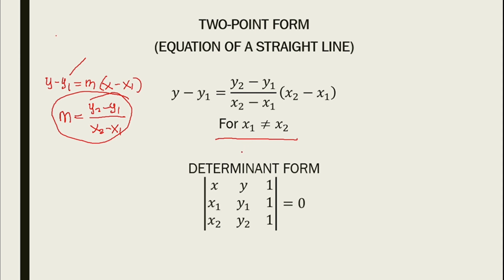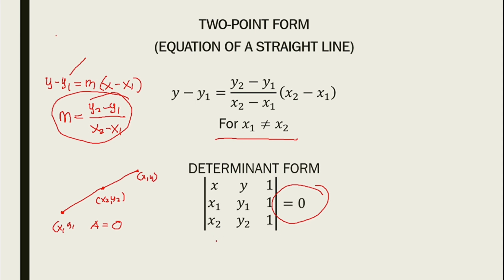And the second form is the determinant form. The determinant form is used when you get the area. For example, if this is point 1, x sub 1, y sub 1, going here, point 2, which is x sub 2, y sub 2, and the last point is x and y, the area is equal to 0. That's why it is equated to 0.